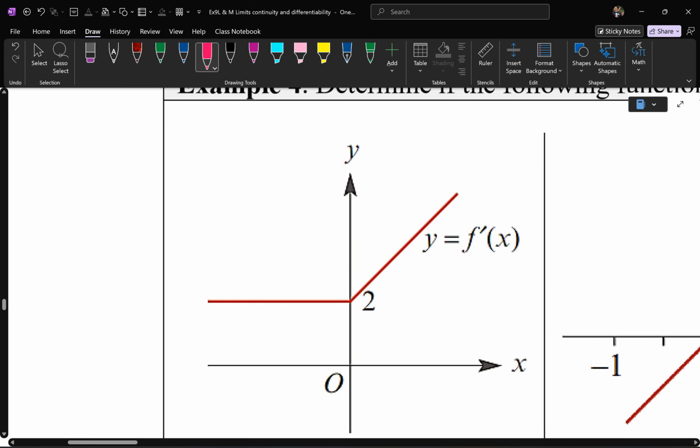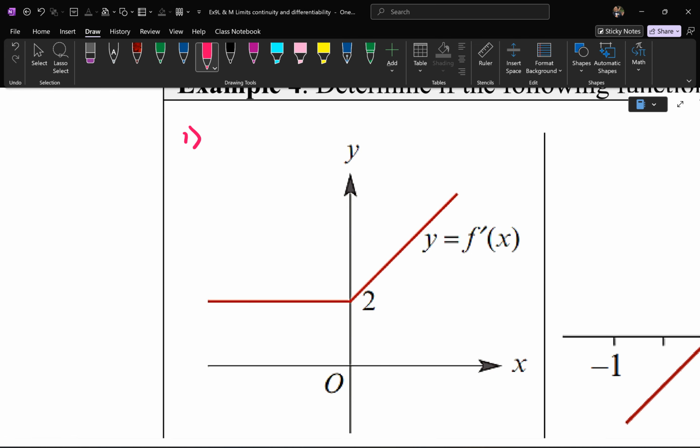Let's have a look. Number 1, condition 1, can you draw this graph without lifting your pen, which is the informal definition, is it continuous? Yes, I can draw this graph without lifting my pen. So condition 1's met. Yes, it is continuous.